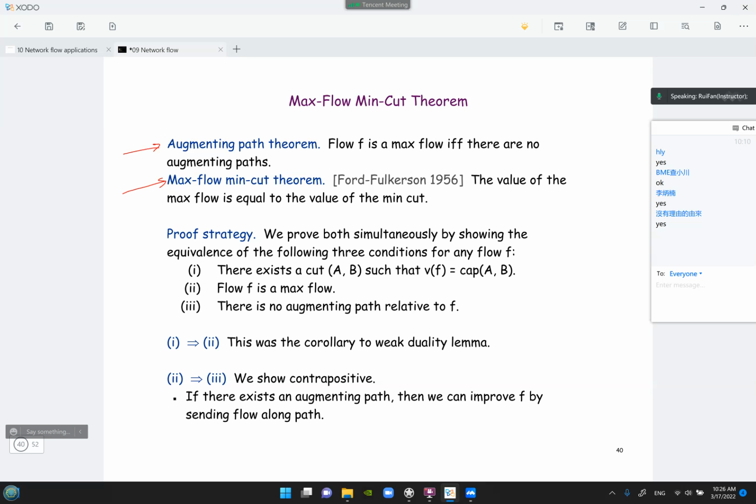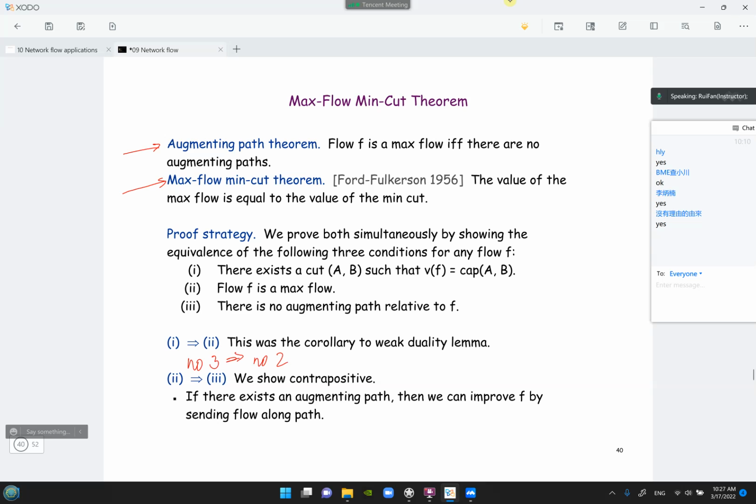Also, 2 implies 3. We're going to show the contrapositive, meaning that no 3 implies no 2. If 3 is false, then there is an augmenting path relative to this current flow.